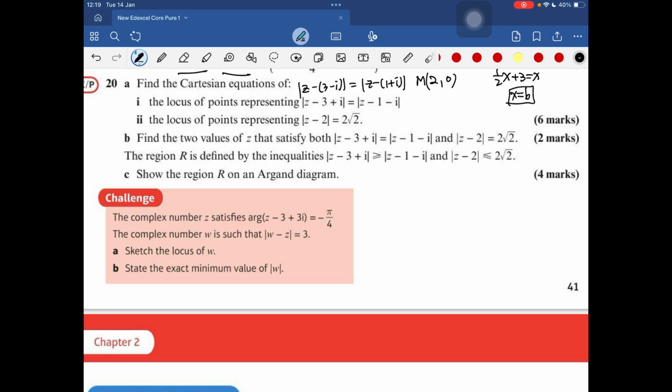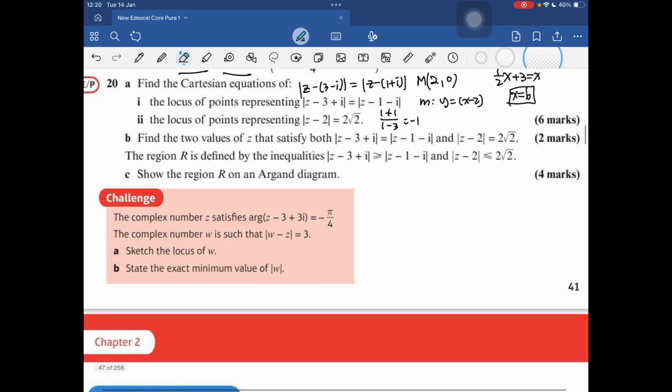And the slope, now y, x. So this one is negative 1, so this is 1. So y equals 1 x minus 2. So this is the answer for part i.